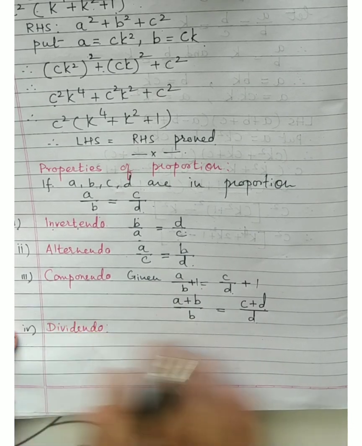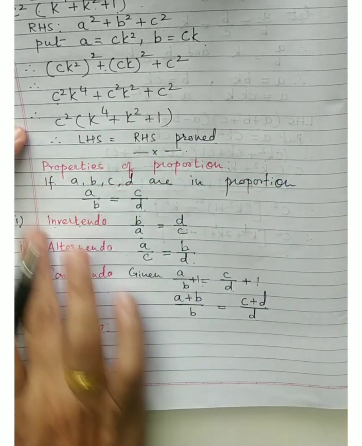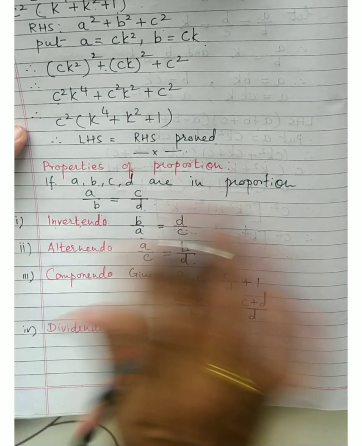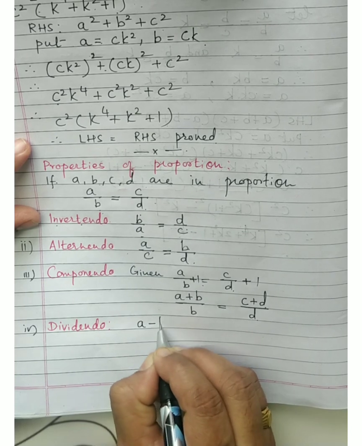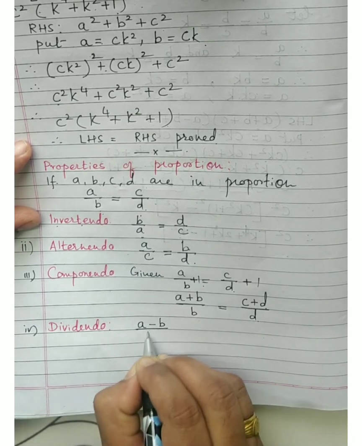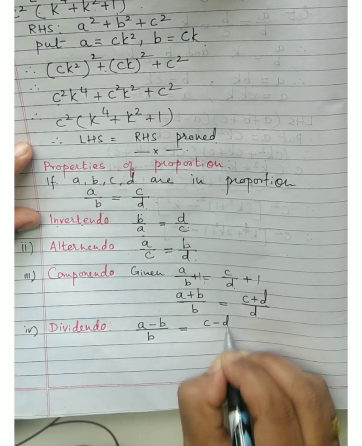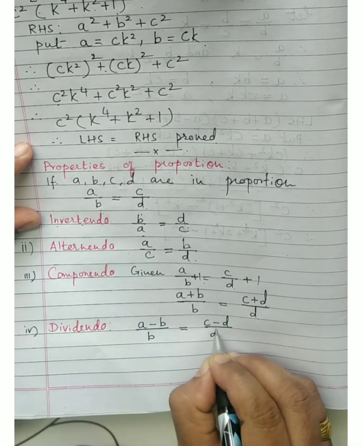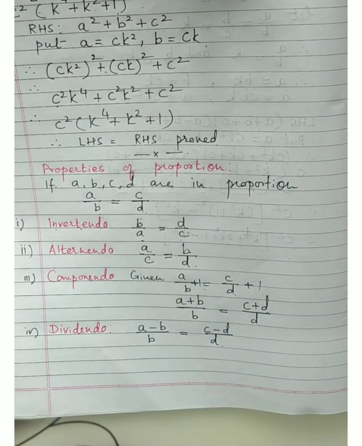Again, for everything we have to assume a upon b is equal to c upon d. These properties are applicable only when the quantities are in proportion. So dividendo is telling you a minus b upon b is equal to c minus d upon d. As simple. Numerator minus denominator, that is what you have to remember.